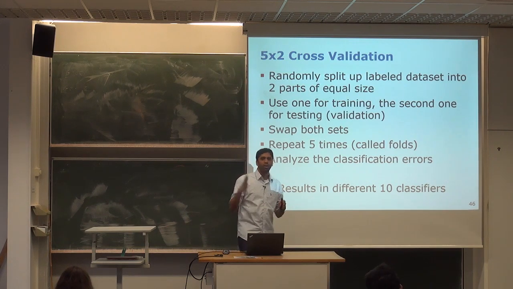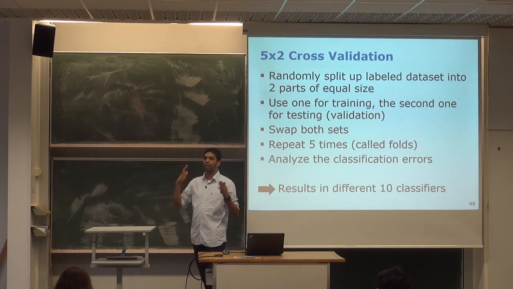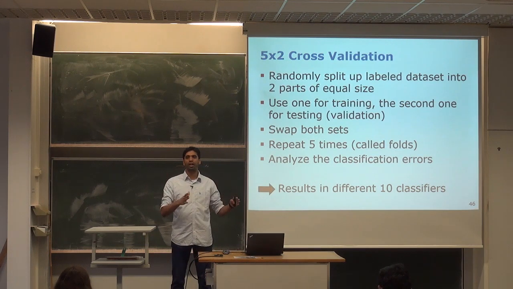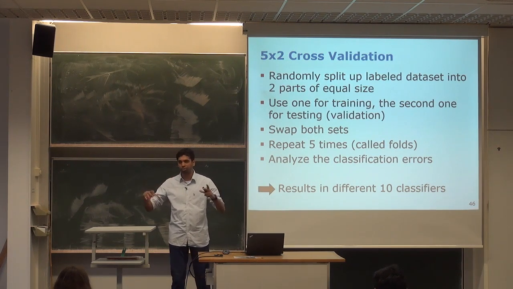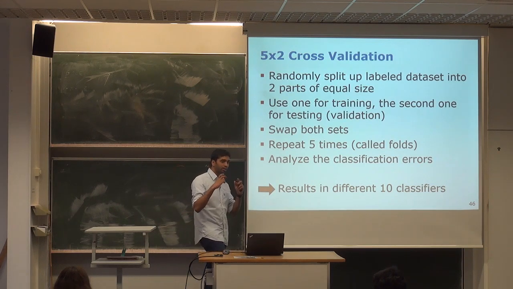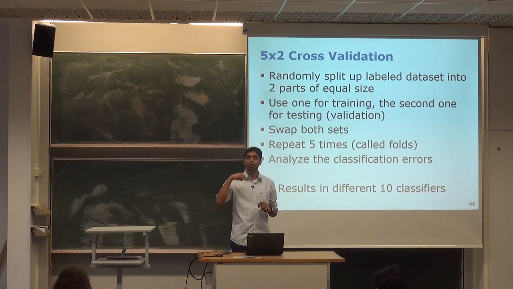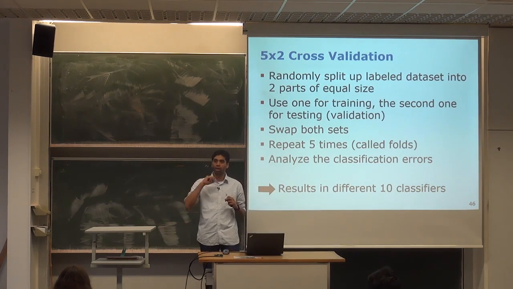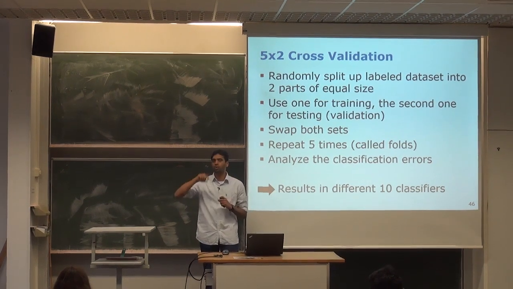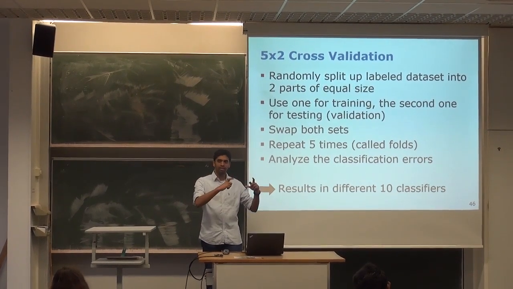Then what you do is you randomly split this data set into two parts. So if you have 100 examples, you break them into 50 and 50. Then you take the first 50 examples and you do the training phase on just those 50 examples. Right? So you learn how this box looks, or how this F is, based on 50 examples.